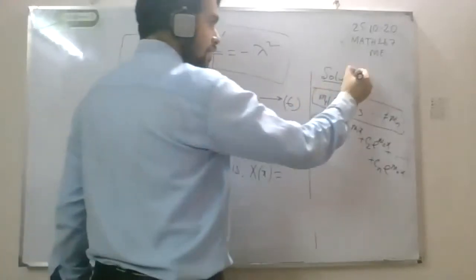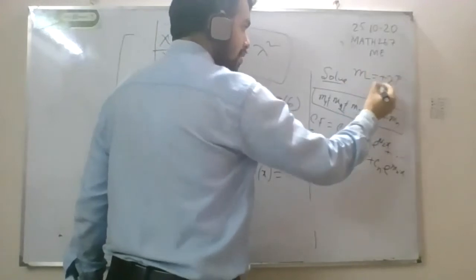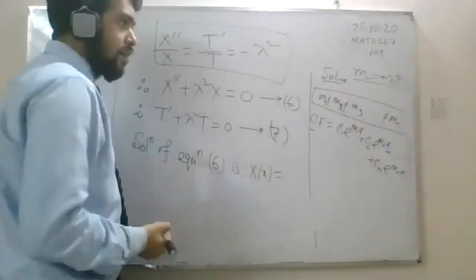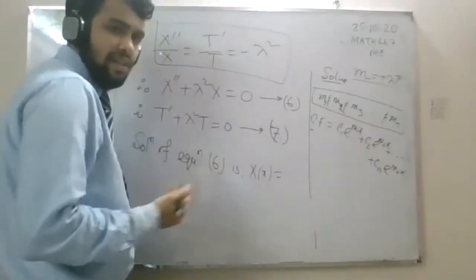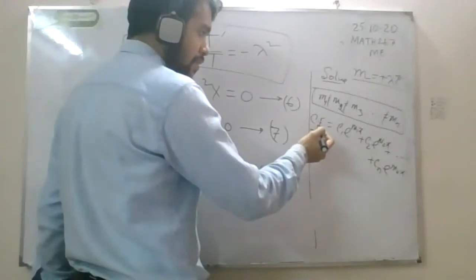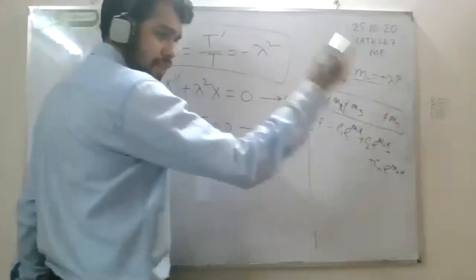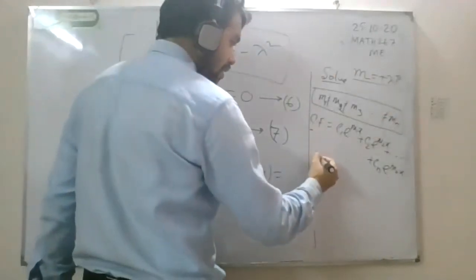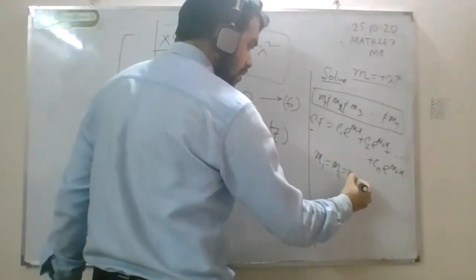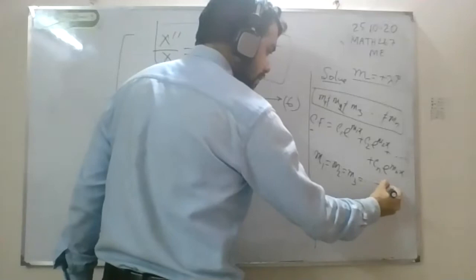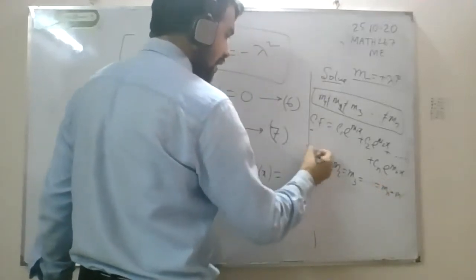The m we found a moment ago, m equals plus minus lambda i, is non-real, that means complex roots. But if the roots are distinct and real, the complementary function will be c1 e to the power m1x, c2 e to the power m2x, and so on. But for equal roots, the complementary function will be different. This is another case.